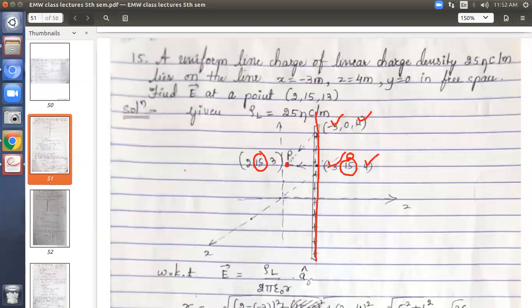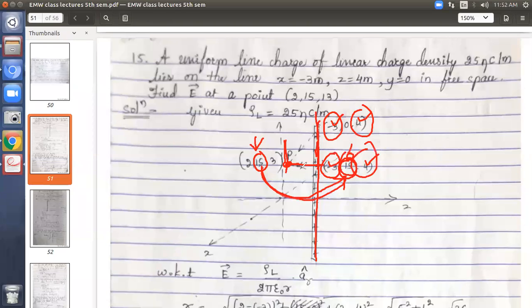Okay, because I have just dragged a perpendicular on the line, but point P has some y direction. So as this point is coming parallel, the y distance will become 15. X and z will be from this line, -3 and 4, and the y distance will be from this point.